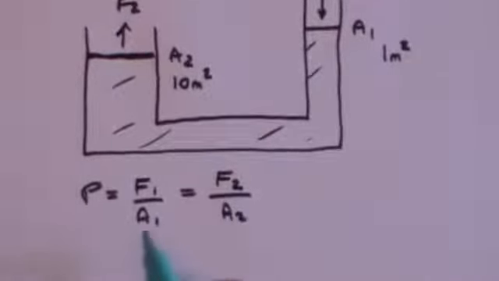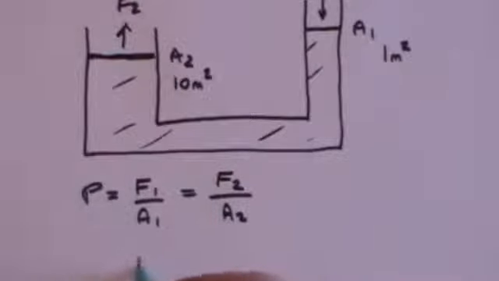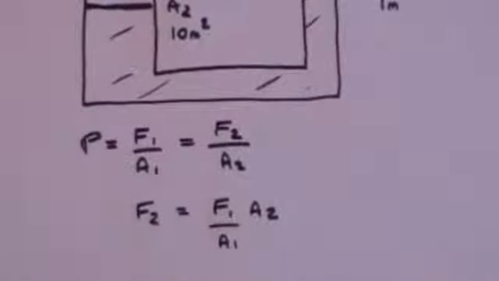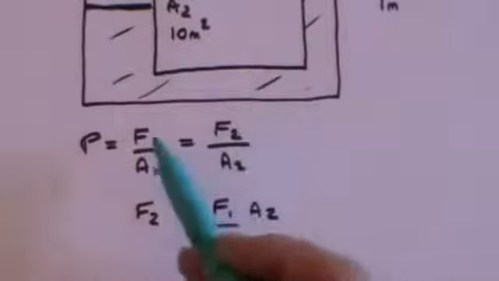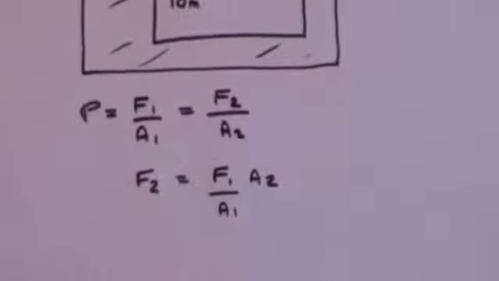Consequently, I want to know what F2 is. F2, if we rearrange this formula, is going to be F1 over A1 times A2. F2 is F1 over A1, and then you bring the A2 up that side.